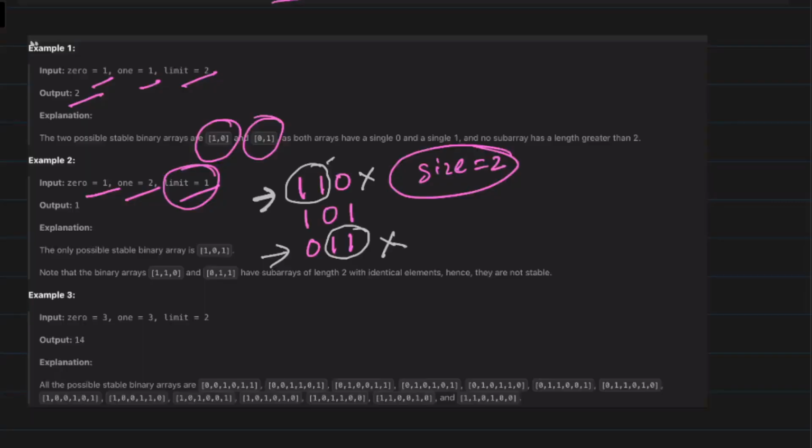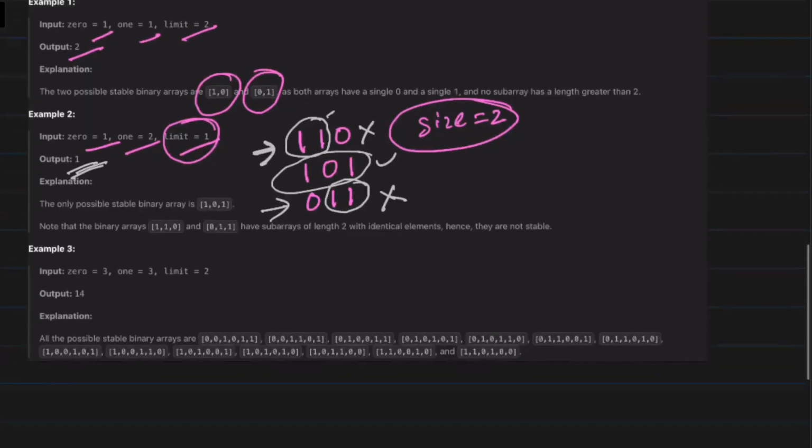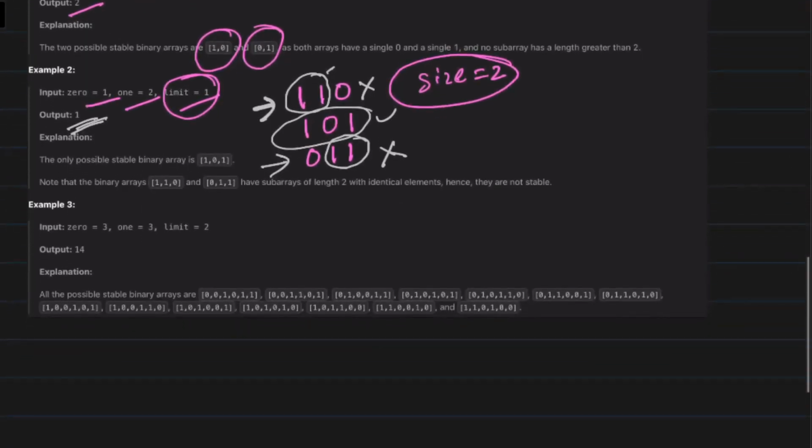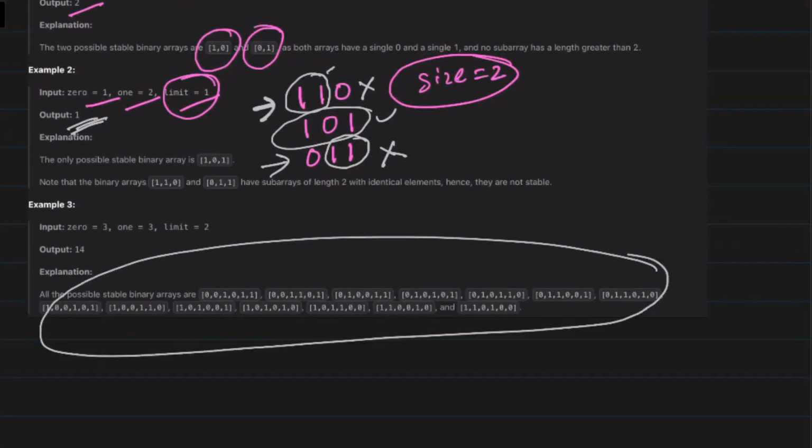But here, this is a valid solution. So the answer is 1. We have another example, and again we can iterate through it and find that for this example we are going to have 14.